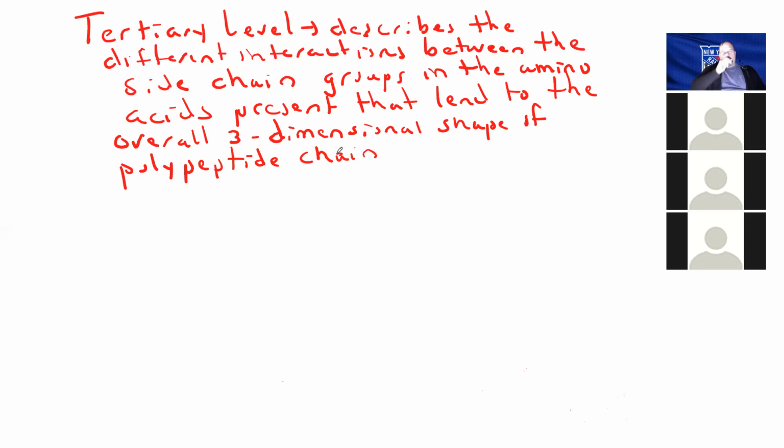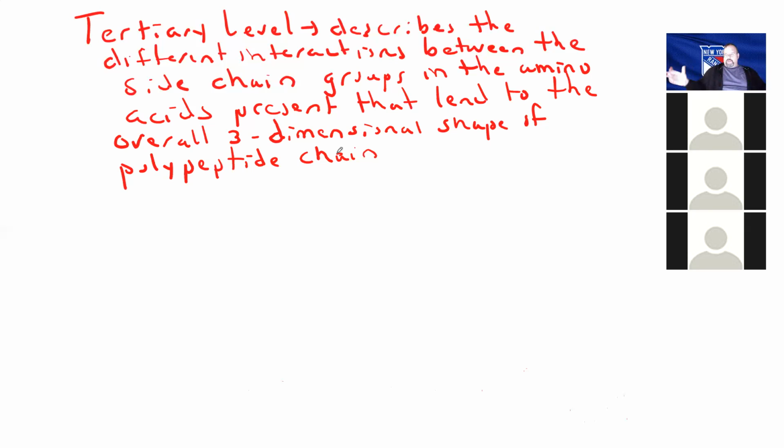Now, as you saw in the notes, within that polypeptide chain, you might have certain sections that are alpha helix and other sections that are a beta pleated sheet. But if you look at the picture of a polypeptide chain as a whole, what is that overall three-dimensional shape?